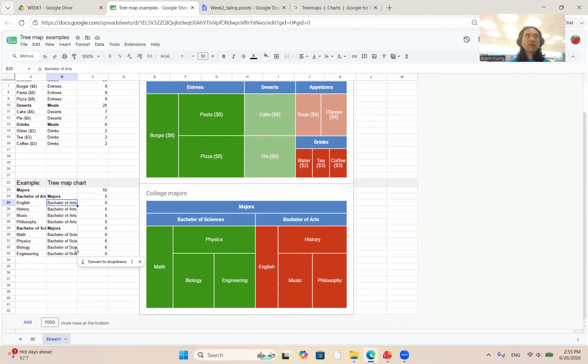So we just have to prepare our data set and collect data, prepare our data in the way that the graph can be generated correctly. So you have to meet a certain structure, right?